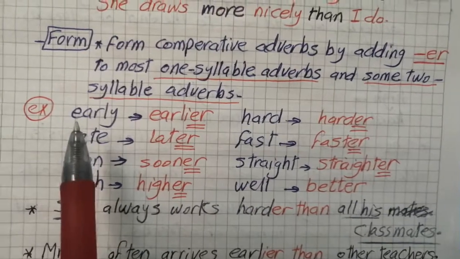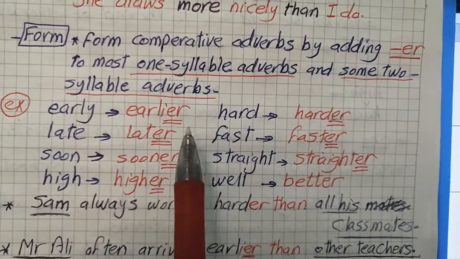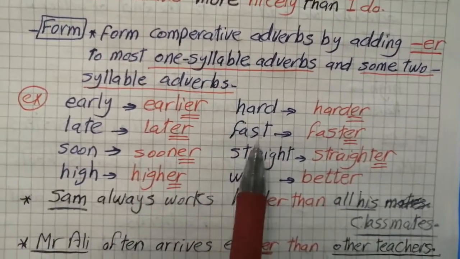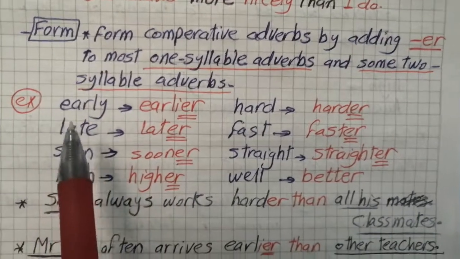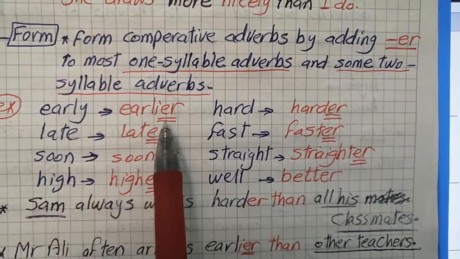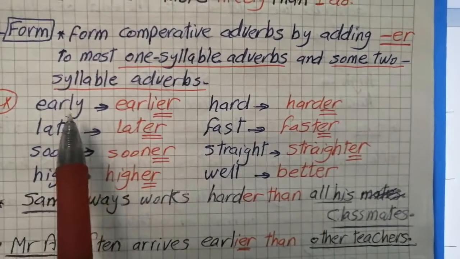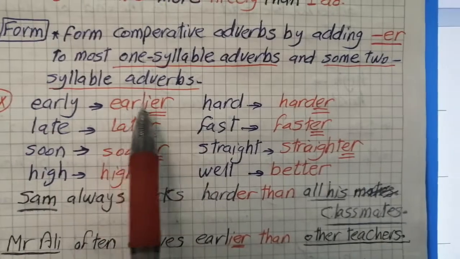Here we have the adverbs early, late, soon, high, hard, fast, straight, well. By the way, these words are adverbs, not adjectives. In the adverb early, the comparative is earlier, notice the spelling change. Y changes into I, then ER. Earlier.